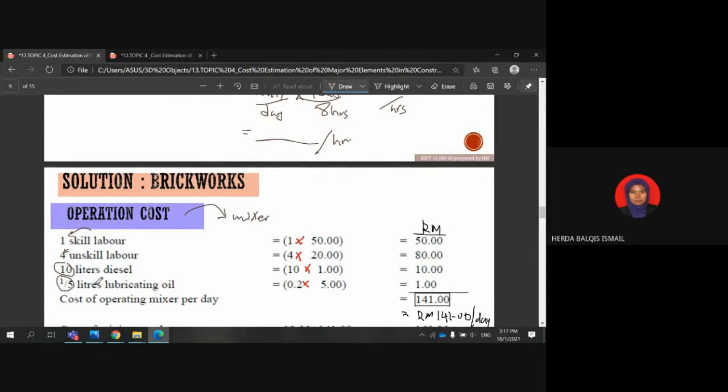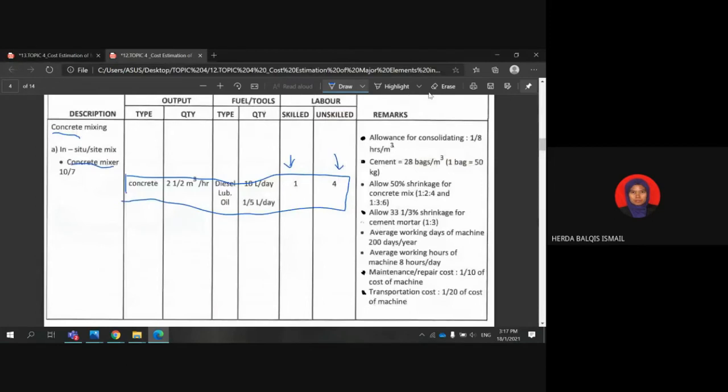So in order to operate the mixer, once again, we need to refer to this constant. For the diesel, 10 liters per day is required, and for lubricating oil, 1 over 5 liters per day is required. It's equivalent to 0.2 liters per day.